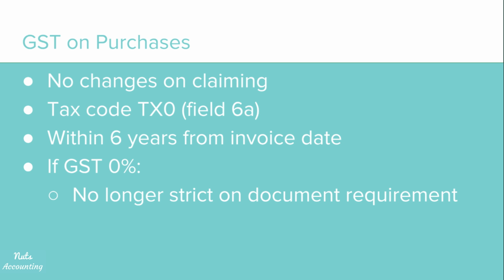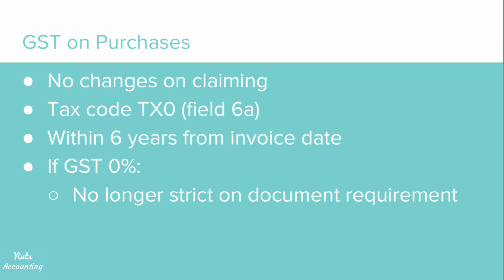But now that GST is already at 0%, you are no longer claiming the input tax from customs, right? So you no longer need to be so strict on those details displayed in the invoice, and keep asking your supplier to amend the invoice for you, which I have done a lot of times previously.